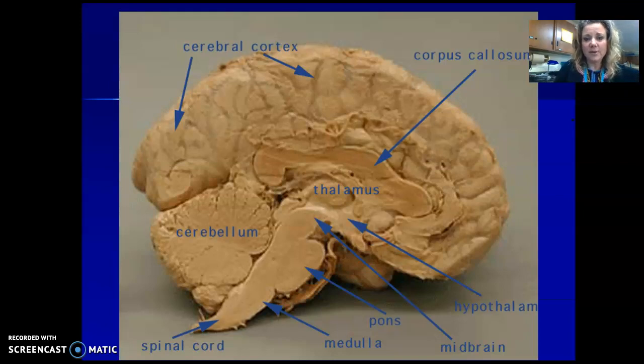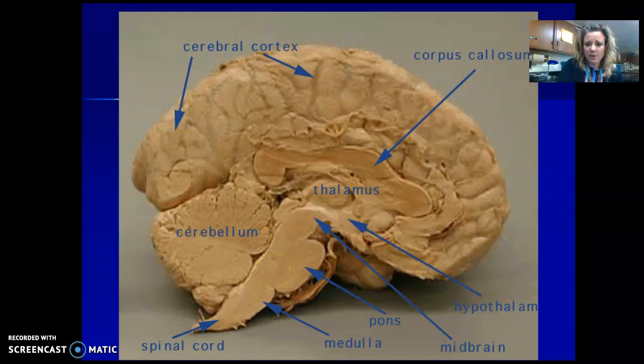So this is another mid-sagittal section of the brain. This, however, is a human brain. And I can tell just from the angle of the spinal cord and the brainstem. In the sheep brain, it was more horizontal with the floor, whereas here in a human, it's situated in a more perpendicular fashion.